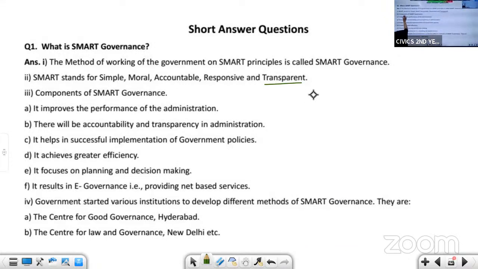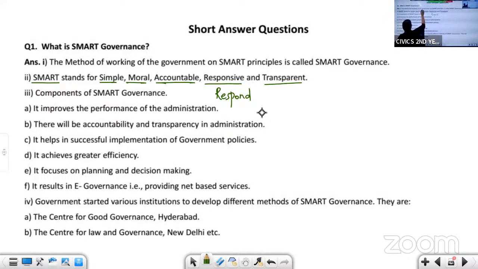So this word SMART, S-M-A-R-T, stands for simple, moral, accountable. Accountable means answerable. Responsive, it should be able to respond to the problems of the people.